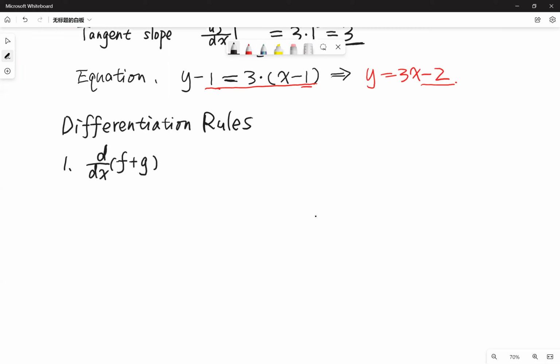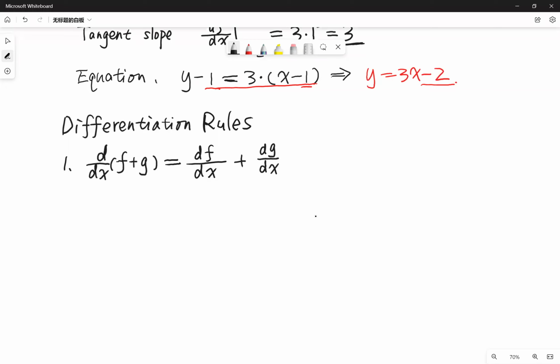The differential of f plus g equals df by dx plus dg by dx. Sorry, I made a mistake. It is plus dg by dx. This is called the sum rule.